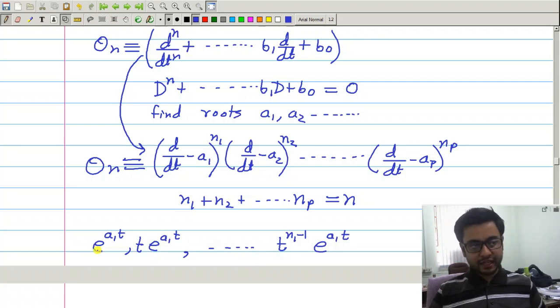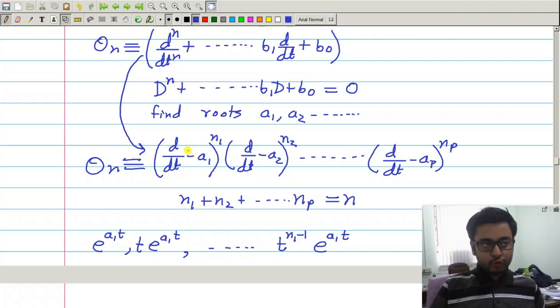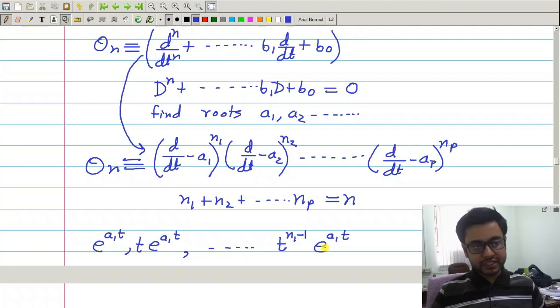All these signals, when operated on by this operator, will give 0, because particularly this first part will give 0 when it acts on any of these signals.